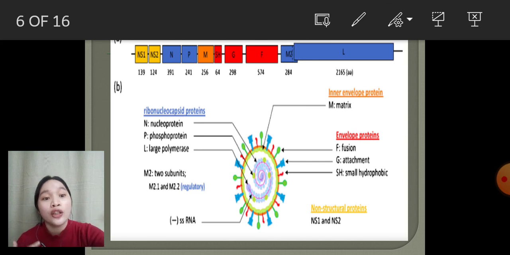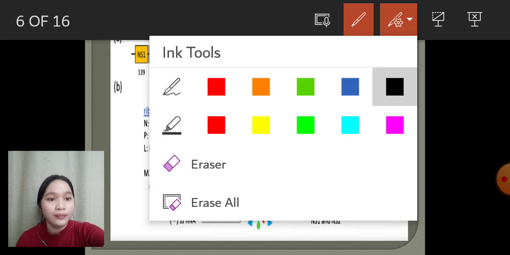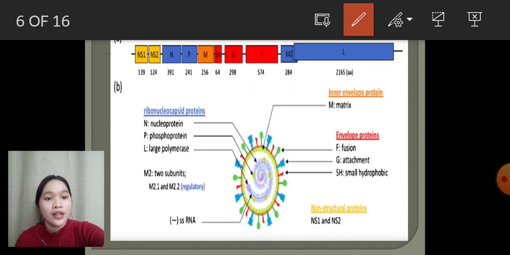Sila yung color green. Yung G attachment naman is yung color blue, and the small hydrophobic is kulay pula. So, that is how RSV or the respiratory syncytial virus is structured.